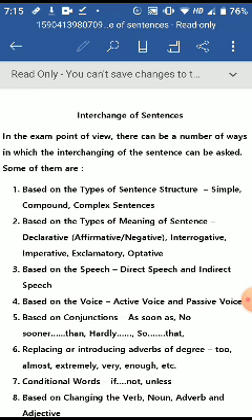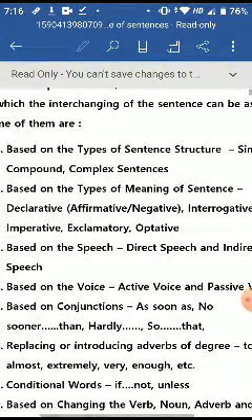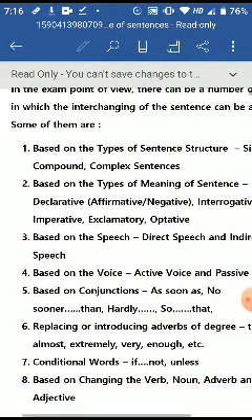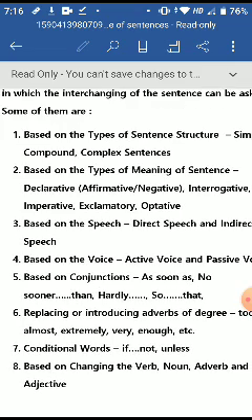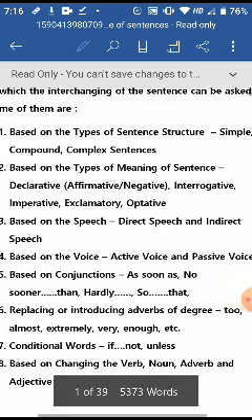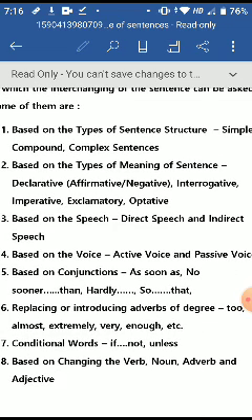The next one is based on the types of meaning of sentence. There are 5 types: declarative, interrogative, imperative, exclamatory, optative. They might ask you to change these sentences from one form to another. Then there can be questions based on speech, that is direct speech and indirect speech, which we also call reported speech.